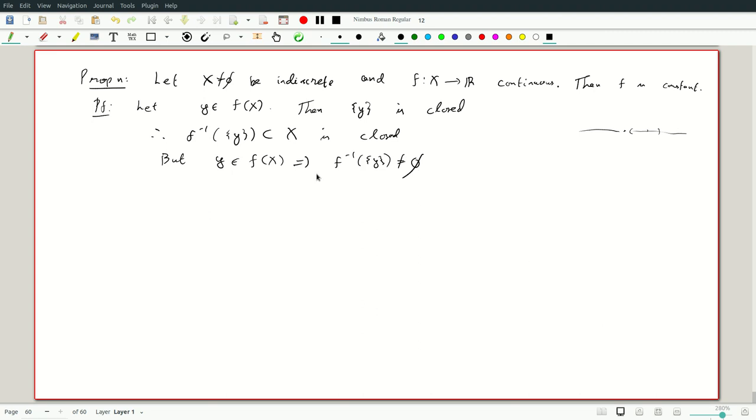So f inverse of y has to be all of X. That is, f of x belongs to y, that is f of x equals y for all x in X. So this is exactly what a constant function is.